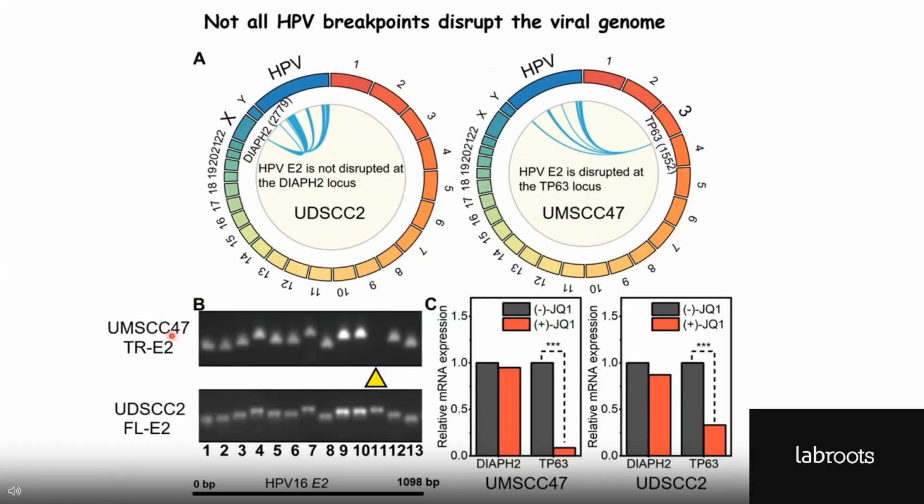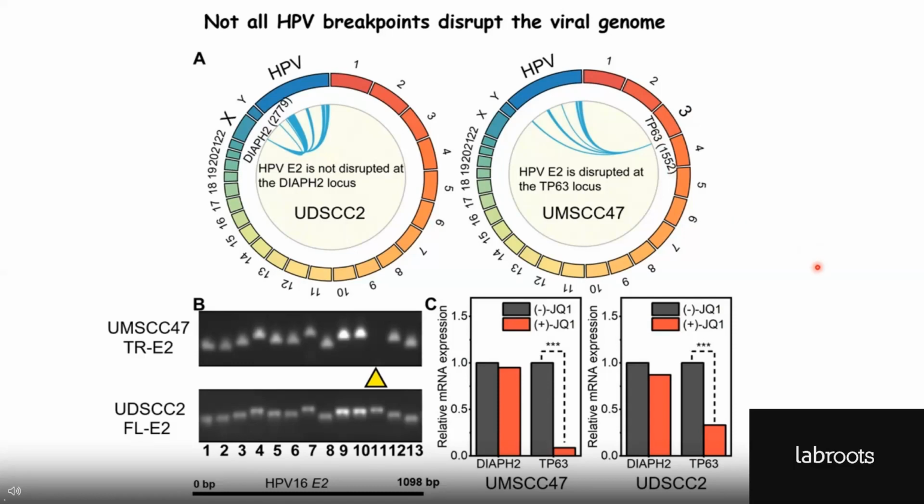And then we were very surprised to see that when we did something called a nested PCR, the HPV genome is actually disrupted in the E2 region, while the SCC2 cells were not disrupted in the E2 region; they were full length. And we were able to map the read counts, and we identified it was integrated in the X chromosome over here, and here it was integrated, in this particular case, in chromosome 3.